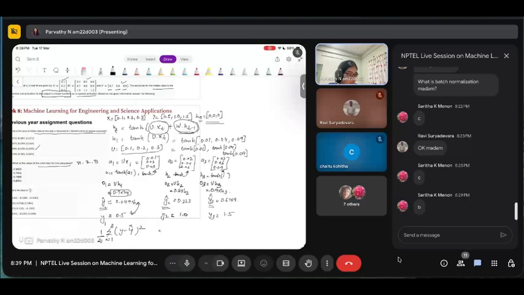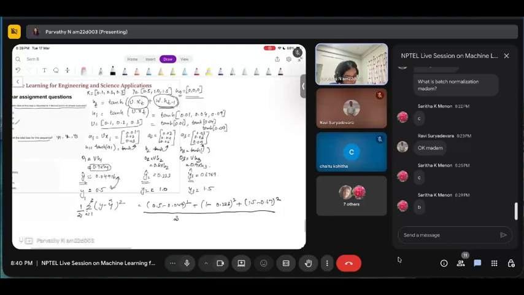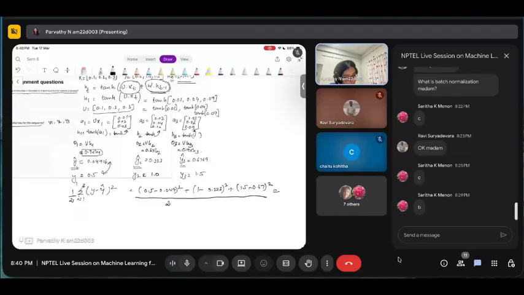So you substitute 0.04976, sorry, minus... So this will be the mean square error, and this will be approximately around 0.74.